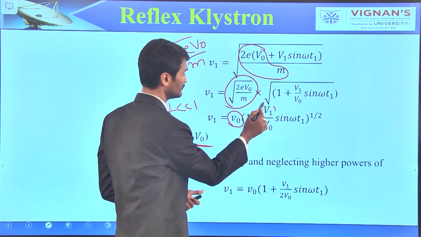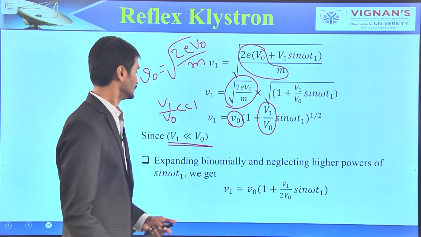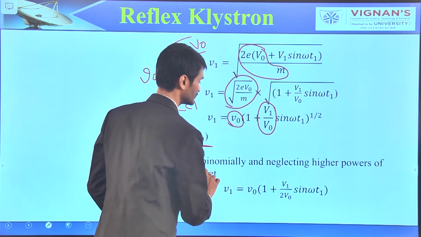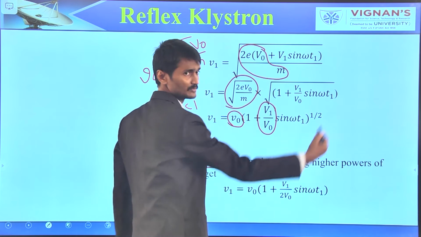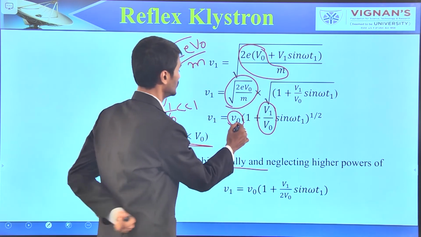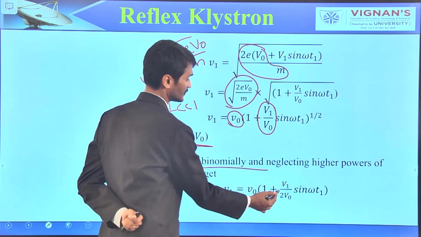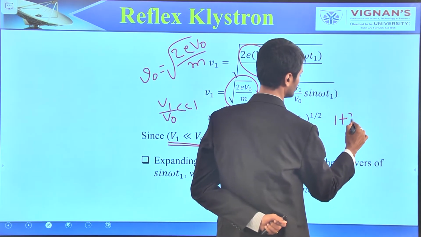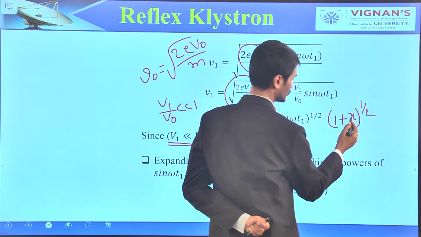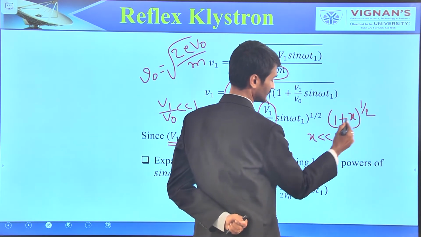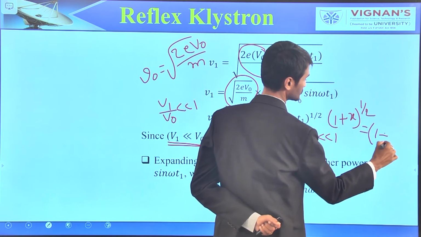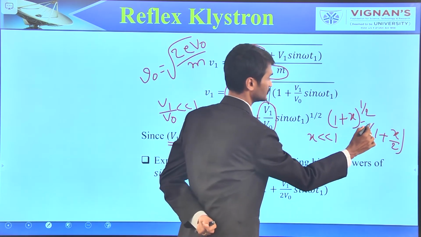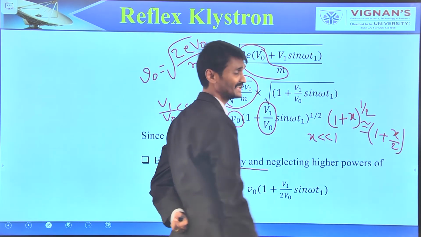So if you expand this term in the binomial series, we can neglect the higher order terms. Here it is v0 into 1 plus V1 by 2V0 sin omega t1. Like if x is far less than 1, then we can expand binomially as 1 plus x by 2 approximately, and higher order power terms can be neglected.